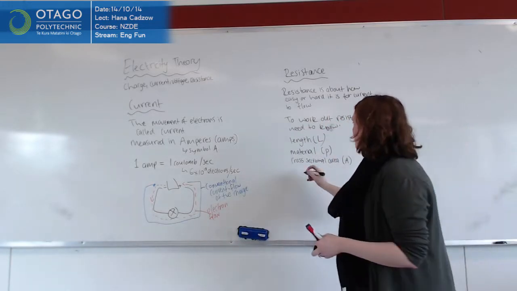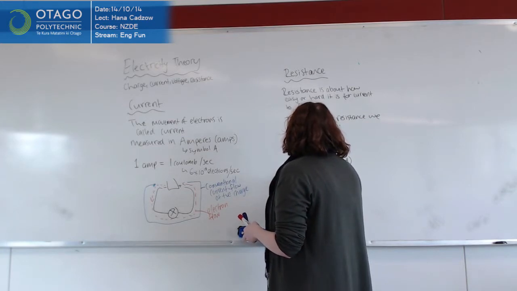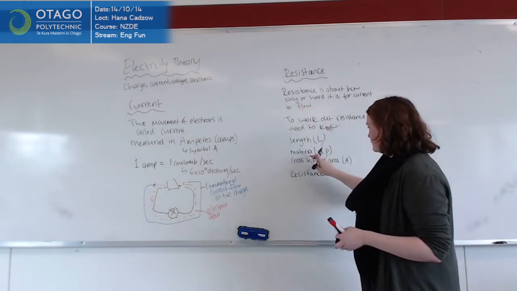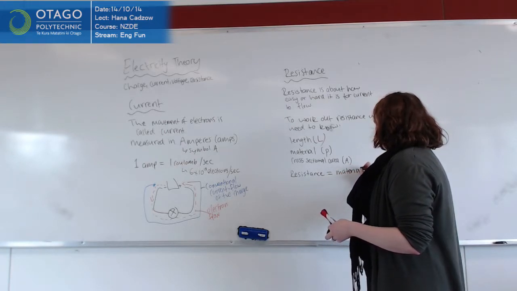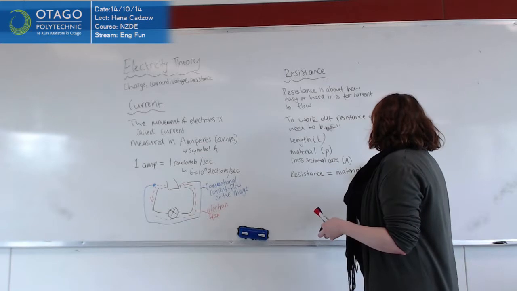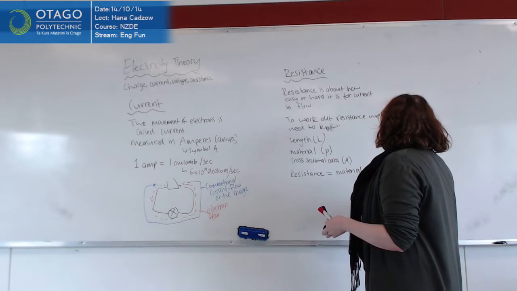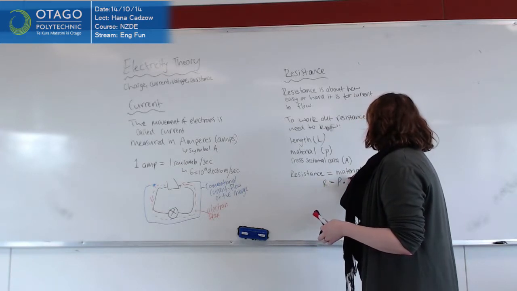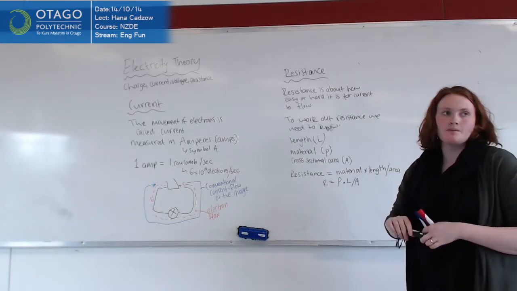Okay, so the resistance of a thing is equal to the material times the length divided by the area. So we can write that as that P-looking symbol times length over area.